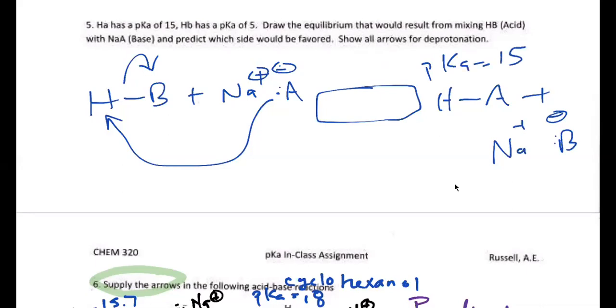And then we have the pKa of HB, which is what? 5. All right. Oh, that equal sign is horrible. Sorry about that. All right. So now we've put the arrows in. We know the pKa's. Now we just need to predict the equilibrium.